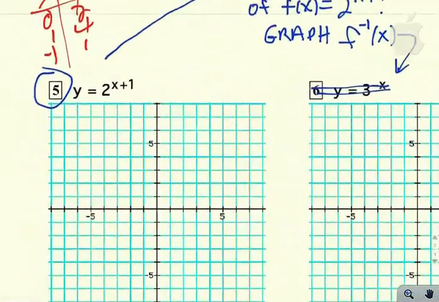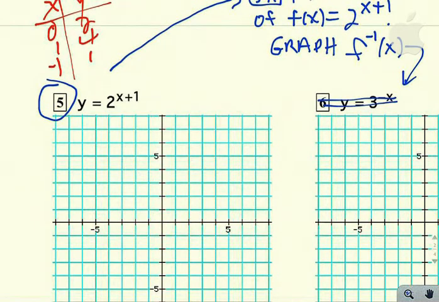So let's see how this one goes. Minus 1, 1. 0, 2. And 1, 4. So the graph looks like this. And the horizontal asymptote is y equals 0.